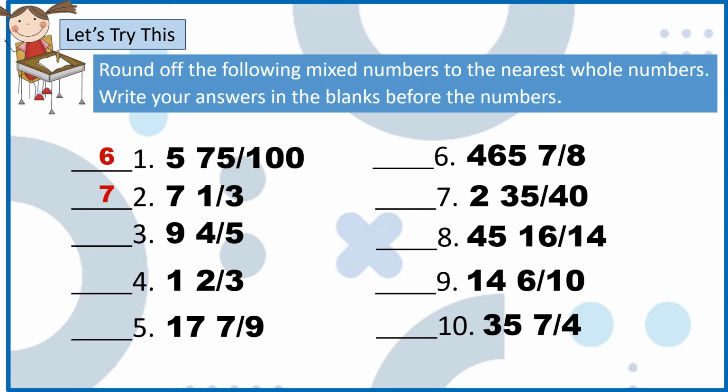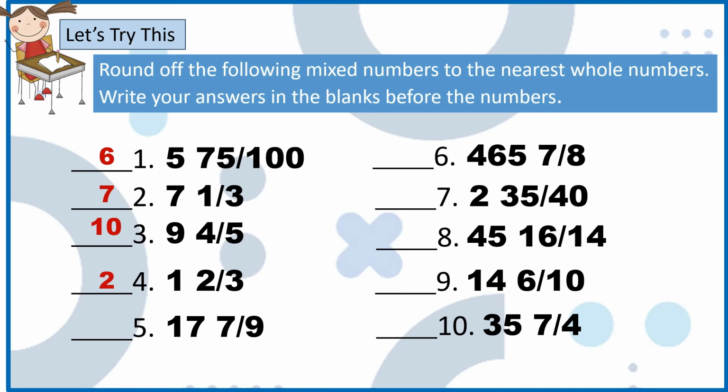And 4 divided by 5 equals 0.8. 9.8 rounded up to the nearest whole number is 10. Then 2 divided by 3 equals 0.66. 1.66 rounded up to the nearest whole number is 2.